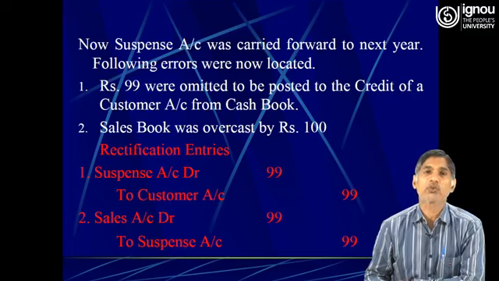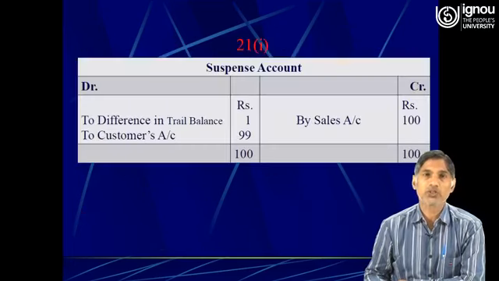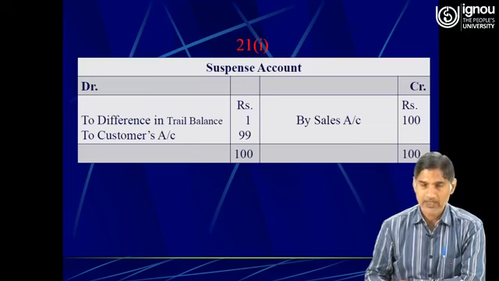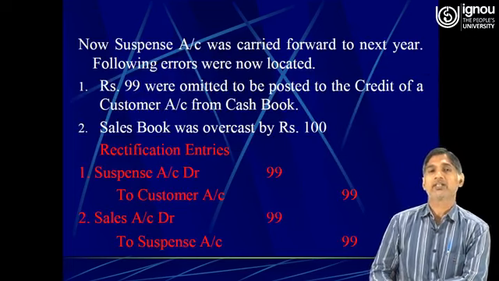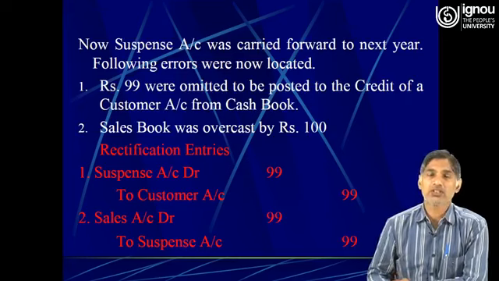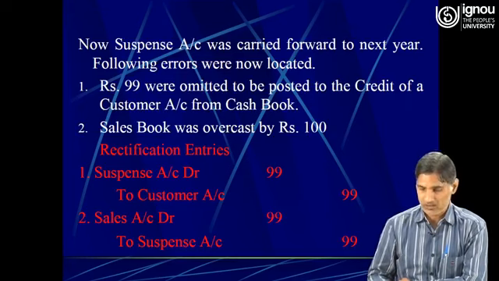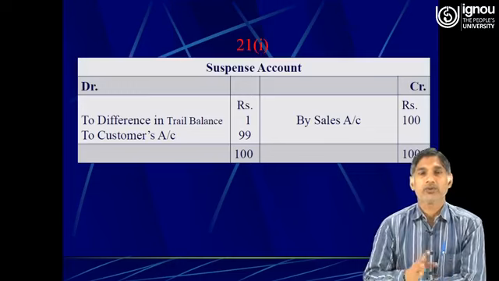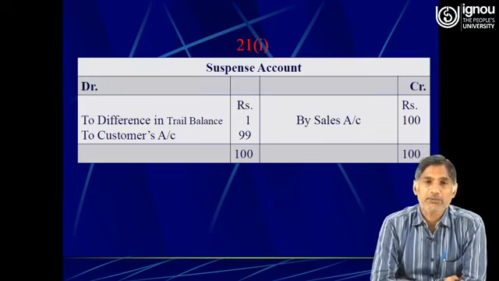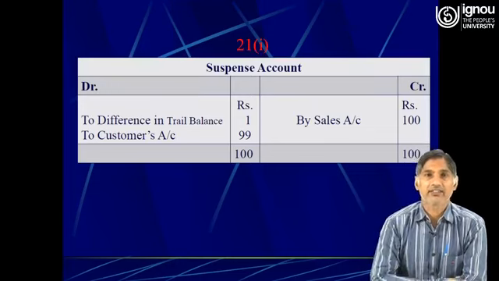Suspense account debit to customer 99. So in the debit side of suspense account, to customer 99 rupees, and in the credit side sales account debit to suspense 100 rupees. So in the suspense account by sales 100 rupees. So therefore the suspense account is tallied.